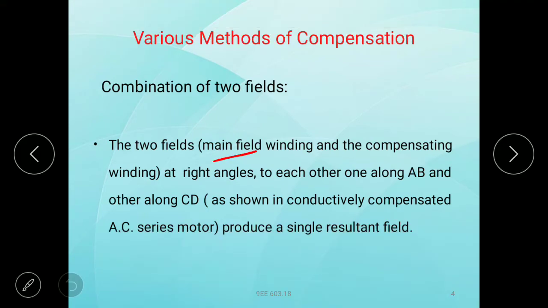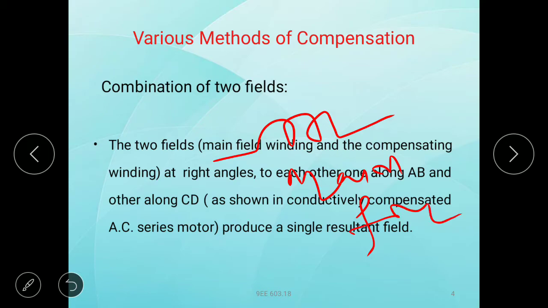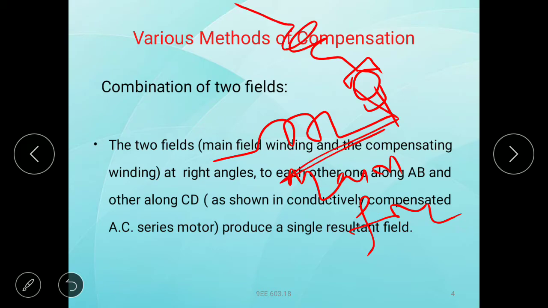Here this is the main field, this one is the armature, and this is the compensated winding. So these two are 90 degrees.